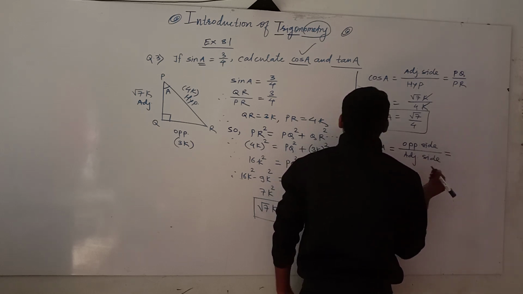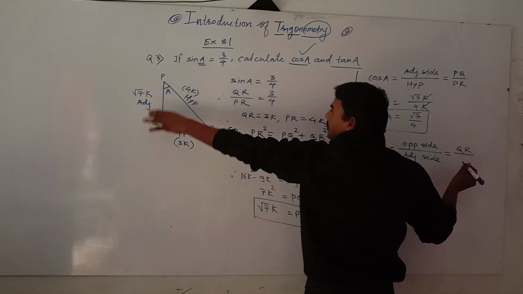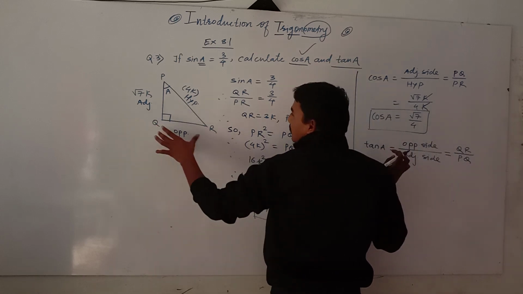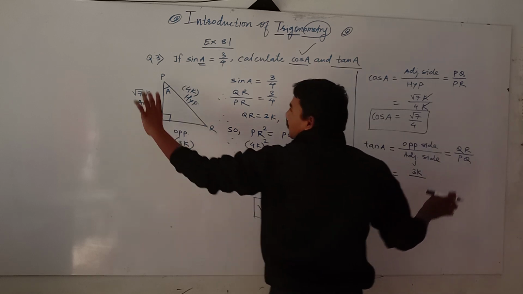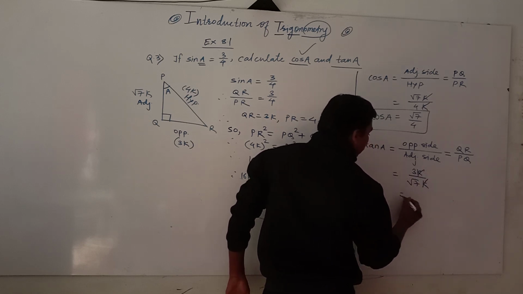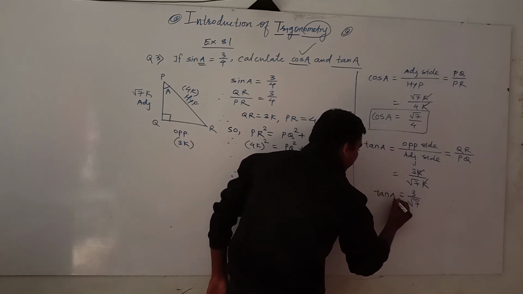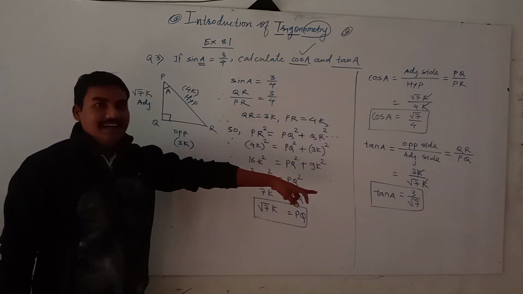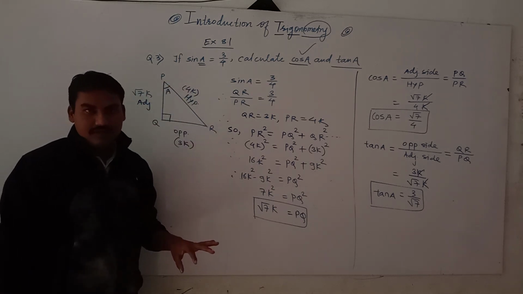The opposite side is QR, which is 3k, and the adjacent side is PQ, which is under root 7k, so k gets cancelled, giving 3 by under root 7, which is tan A. So I got both values, cos A and tan A, based only on the simple definitions of trigonometric functions. Understood?